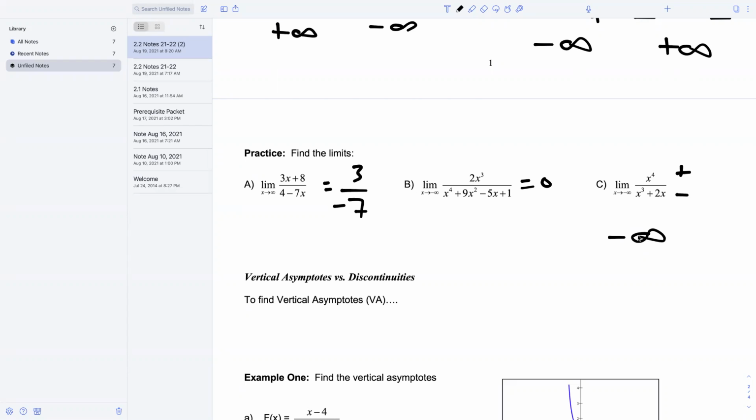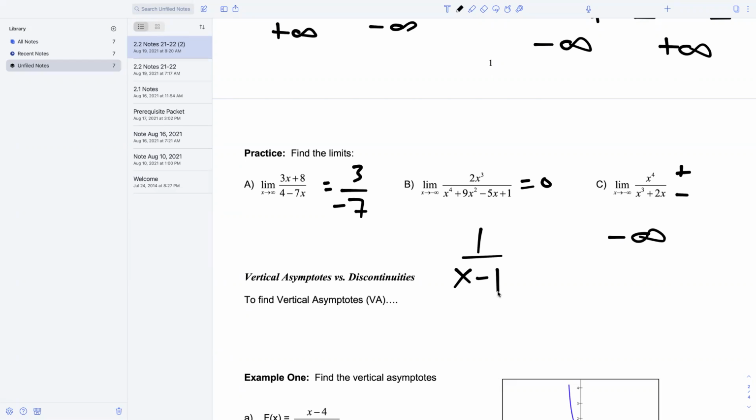All right, here we go. Vertical asymptotes versus discontinuity. How do we find a vertical asymptote? Well, let me give you a quick example. This has a vertical asymptote. I hope that you can recognize that it does. Where's my vertical asymptote? It's at x is equal to 1.